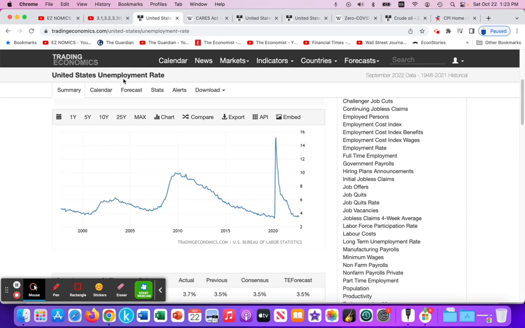Here we have the United States unemployment rate over time. We can see that it fluctuates, right, with the business cycle. And if we're not taking into account too much economic crises like the 2008 crisis and the COVID pandemic, we would typically see it floating around here, within this boundary.